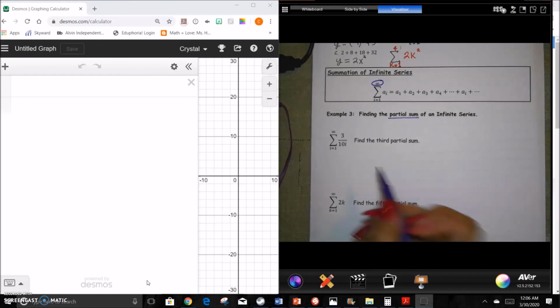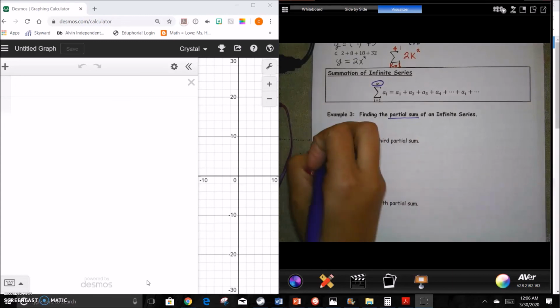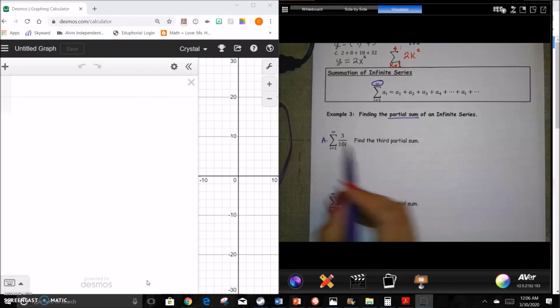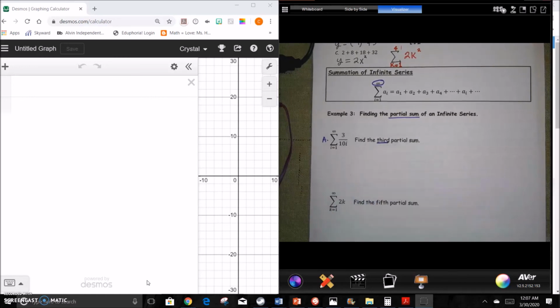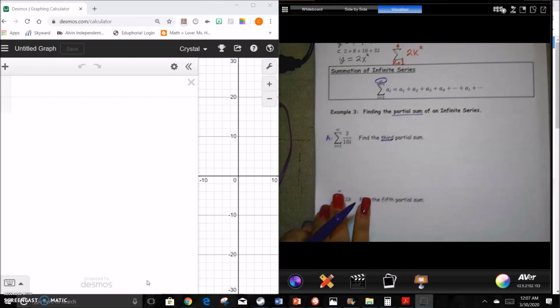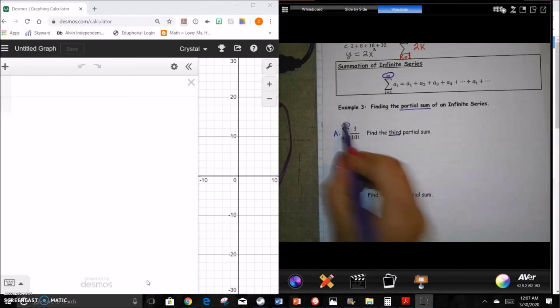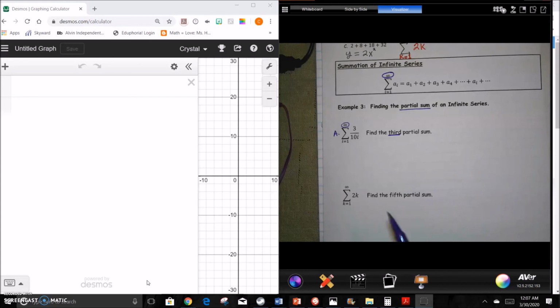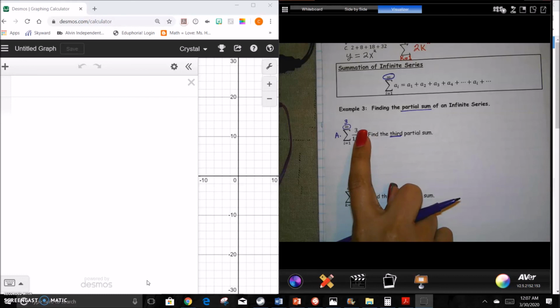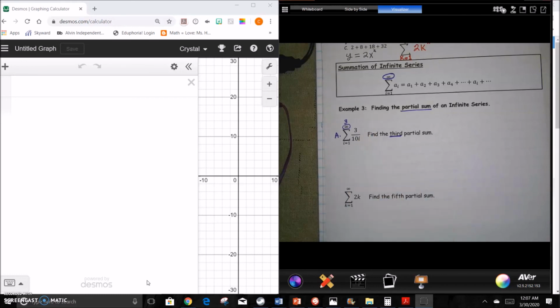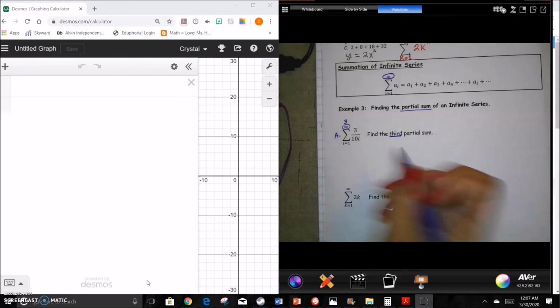All right, so let's look at example A here. We are going to take the series, and it says to find the third partial sum. All that means is instead of going to infinity, we're actually going to change our upper limit to 3, because the maximum it wants us to go is to the third. It's called a partial sum because remember this series actually goes out to infinity, but we're only going out to the third term in the sequence. So we do just like we did before.